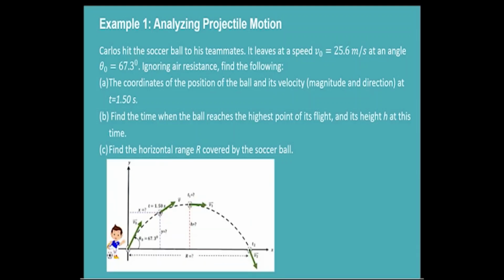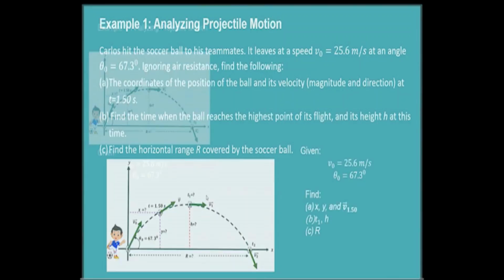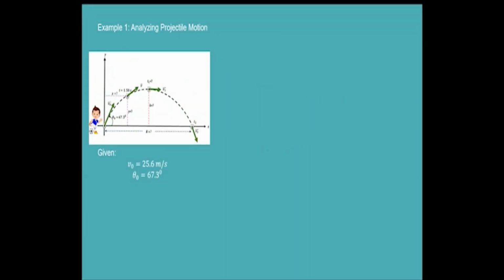So if we're going to illustrate that one, it will look like this. This problem is an example for case number 1. Carlos hit the soccer ball at an angle of 67.3 degrees. So let's find all the unknowns here. Start with letter A. Finding the coordinates of the position of the ball and its velocity, magnitude, and direction at t is equal to 1.50 second.